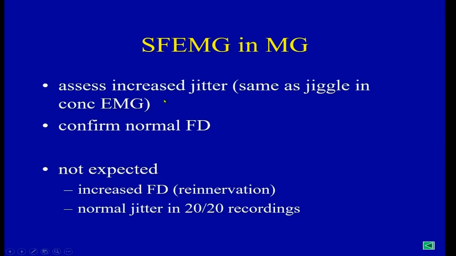And when we have single fiber, we also measure fiber density that we cannot do with jitter analysis using the concentric needle electrode. And we certainly do not expect that the jitter is normal in a weak muscle. If that is the case, it's very unlikely that the patient has myasthenia. Weakness in myasthenia always gives increased jitter.